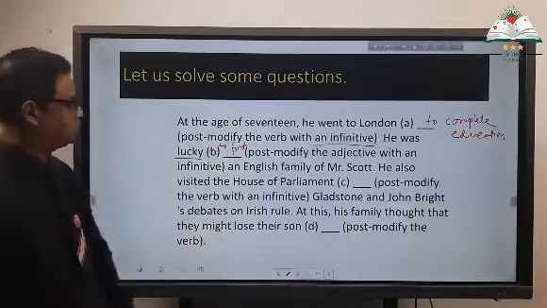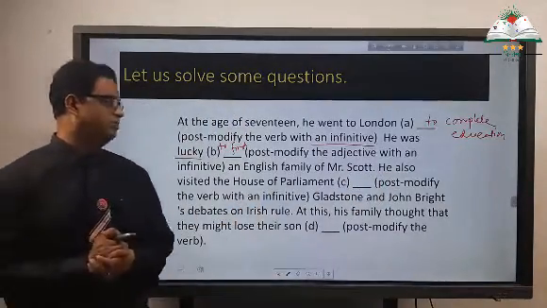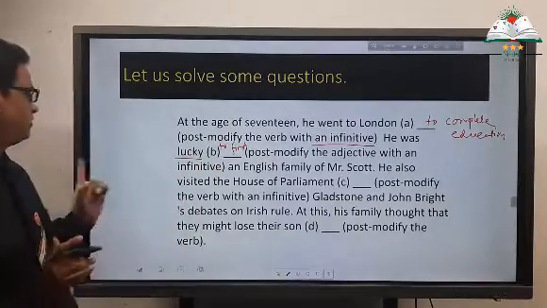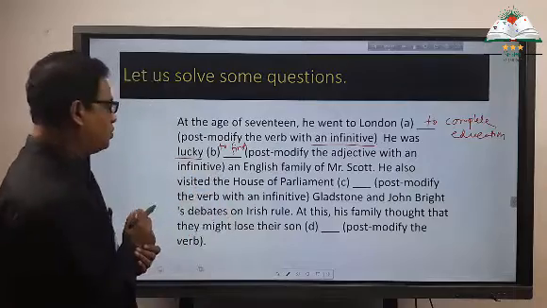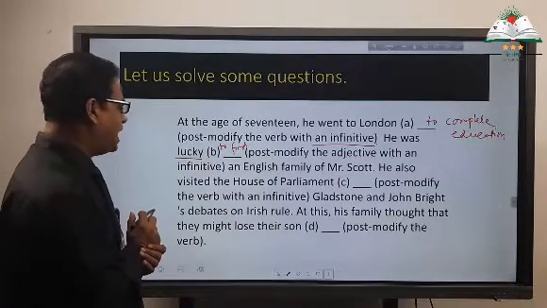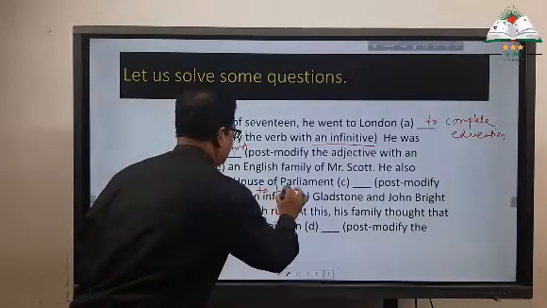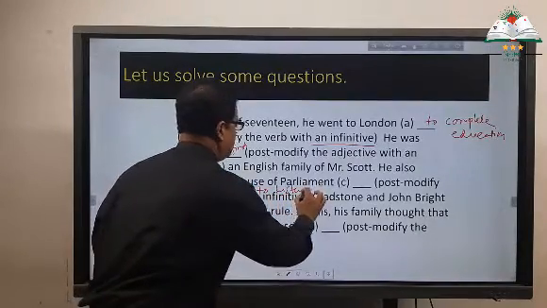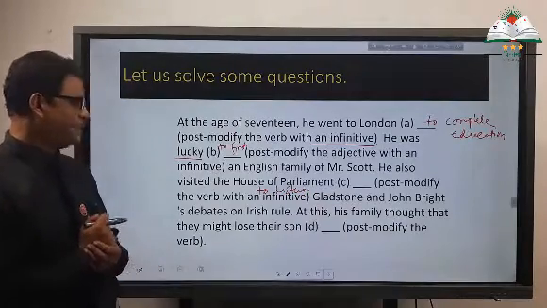Come to the next example. He also visited the House of Parliament. Post modify the verb with an infinitive. So, we can also write, he also visited the House of Parliament to listen to Gladstone and John Bright's debates on Irish Home Rule.